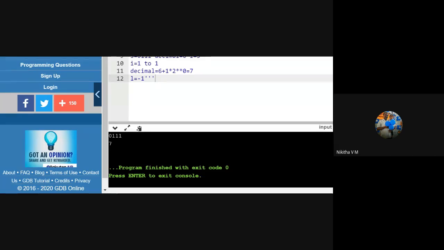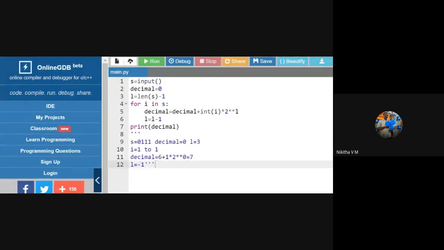Clear with this? Okay, all right. So, what's the next thing we have? It's decimal to binary conversion.